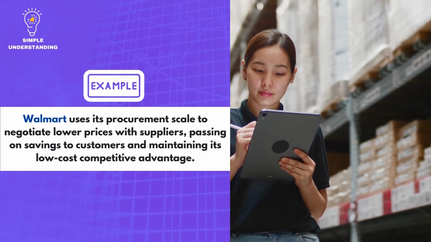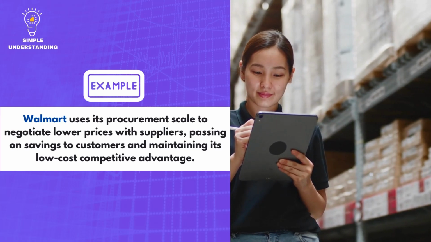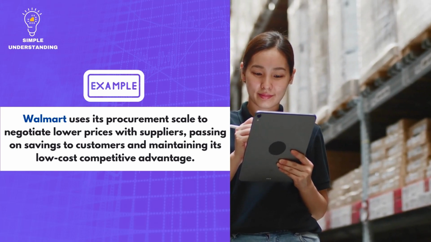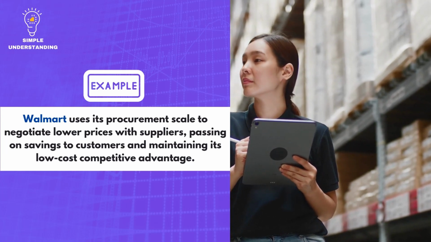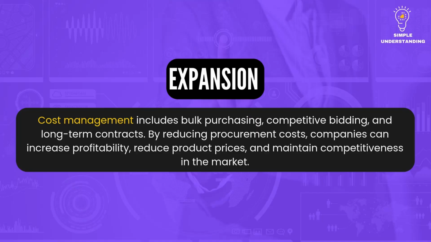Walmart uses its procurement scale to negotiate lower prices with suppliers, passing on savings to customers and maintaining its low-cost competitive advantage. Expansion. Cost management includes bulk purchasing, competitive bidding, and long-term contracts. By reducing procurement costs, companies can increase profitability, reduce product prices, and maintain competitiveness in the market.